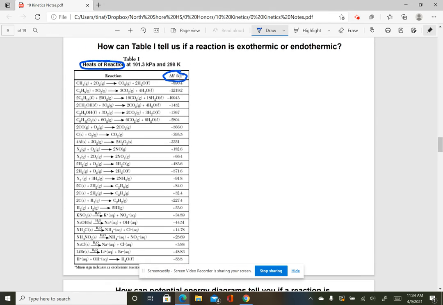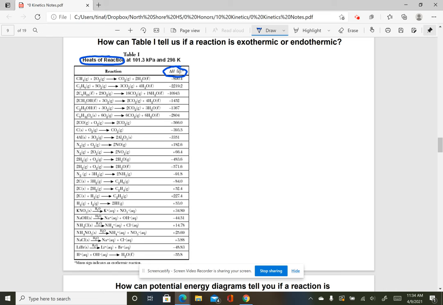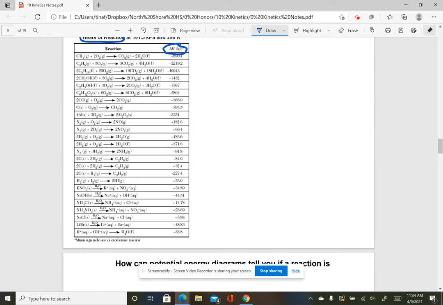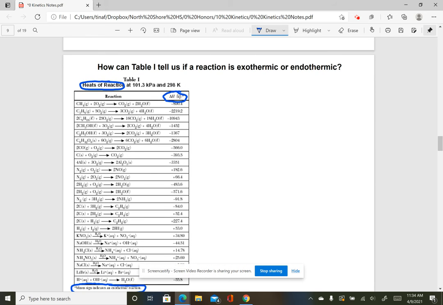So I want you guys to notice that for all these delta H's, we see positive and negative signs in front of them. Underneath Table I, it tells us that a minus sign indicates an exothermic reaction. So if we don't have a graph, we can just look at this number and say, oh, I know if the reaction is exothermic or endothermic. So let's make a little chart here.